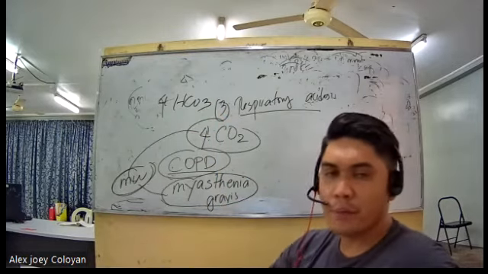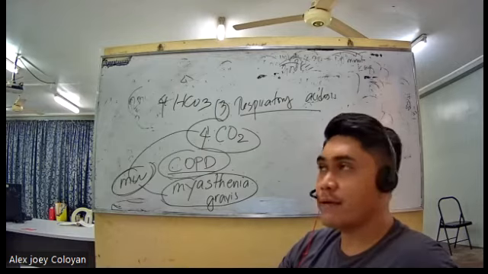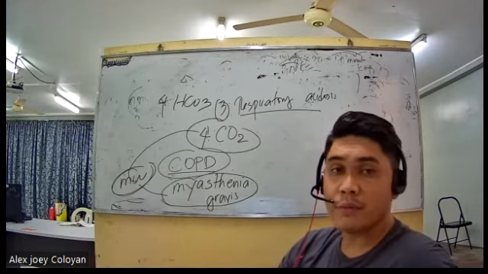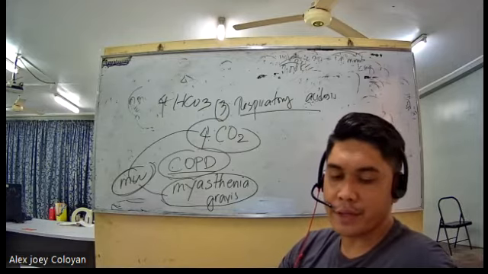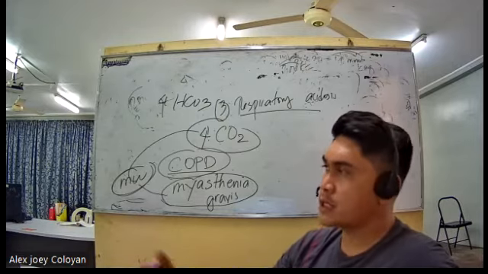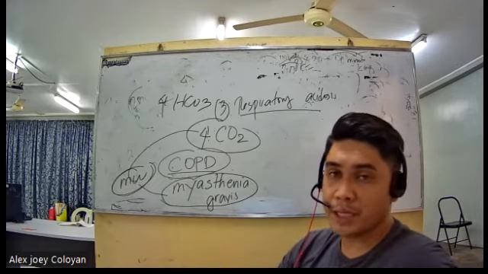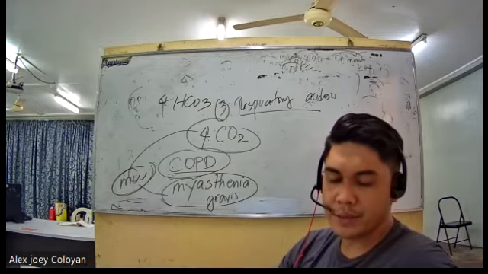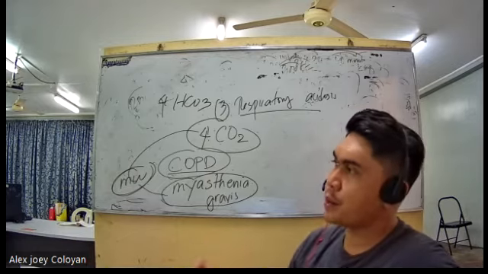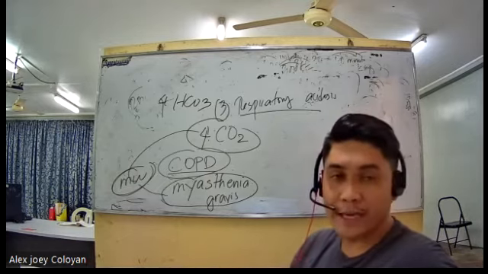So after the compensation, the level of PCO2 is increased, same with bicarbonate, and the pH is less than 7.4. For maximal compensation, it takes 5 days for respiratory acidosis. Another way to compensate is through excretion of acids.